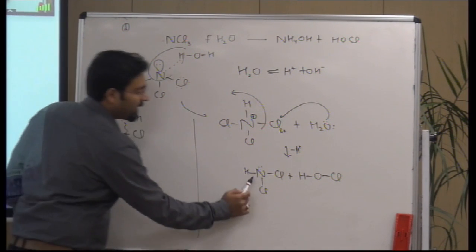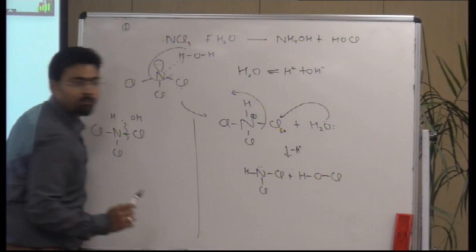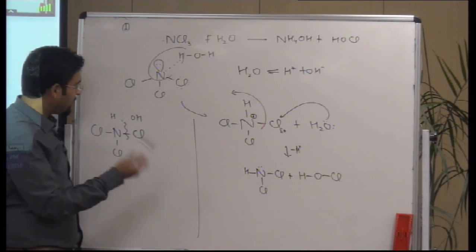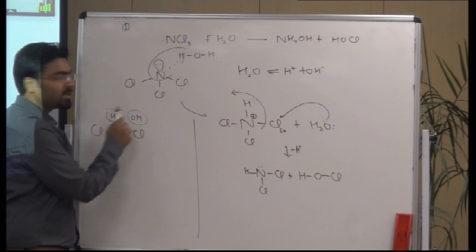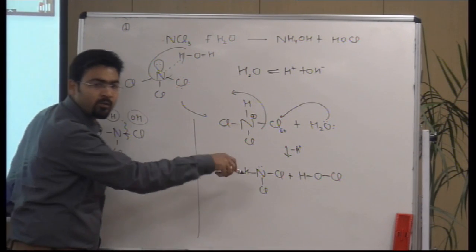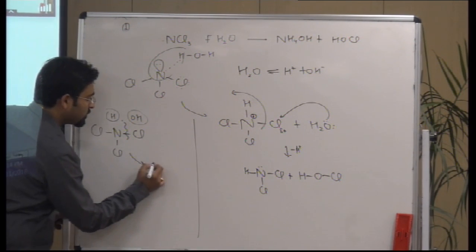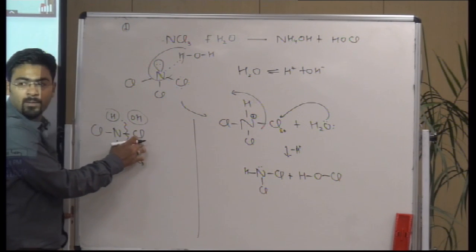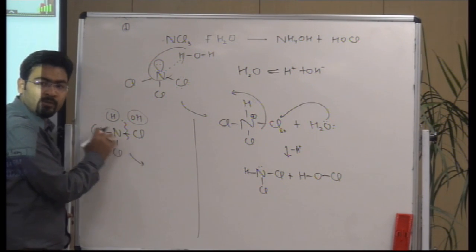Right? Here the hydrogen got attached and here the OH got attached with the chlorine. So we can break down H2O into H and OH, and we can say that this is how they have reacted, just to remember the reaction. We're not going into the mechanism every time. So we can quickly say one bond will be replaced like this.